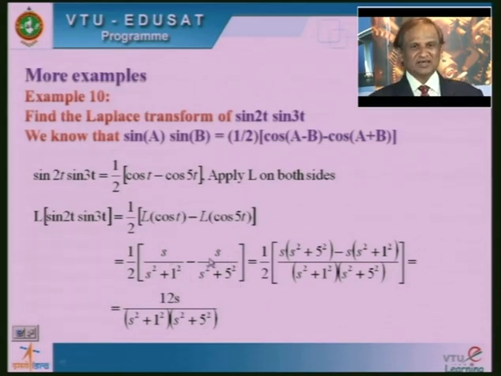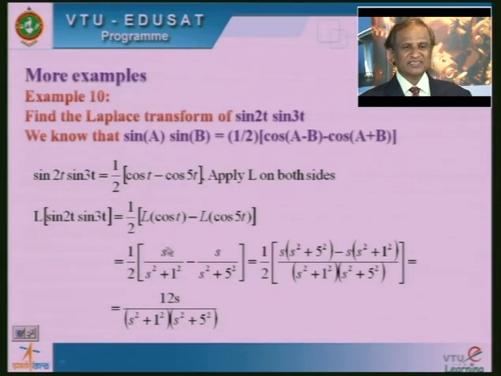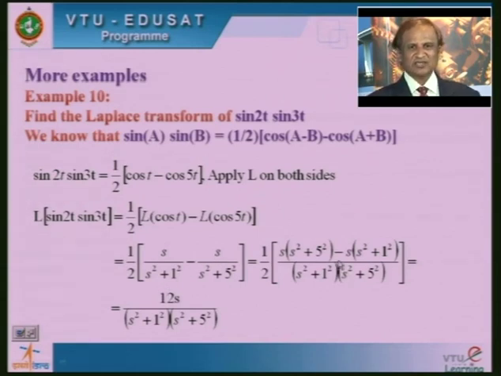Using the formula, I hope we can write down the Laplace transform of cos t as well as cos 5t. Remaining part is simplification, because we have obtained the Laplace transform of cos t and cos 5t. You can take the LCM. 1 by 2 is constant. Take the LCM and you will get in the numerator s into s square plus 5 square, or you can write down 25, minus s into s square plus 1 square.